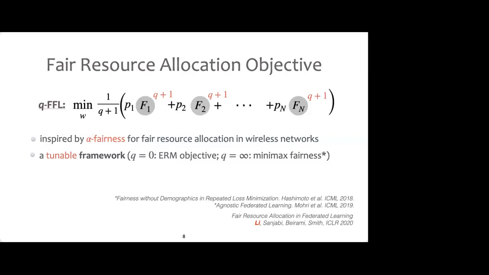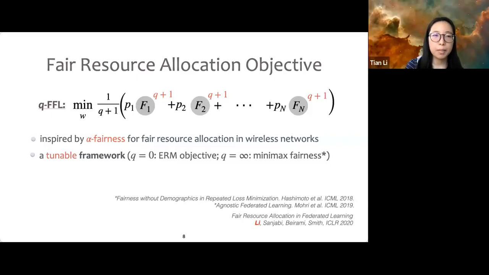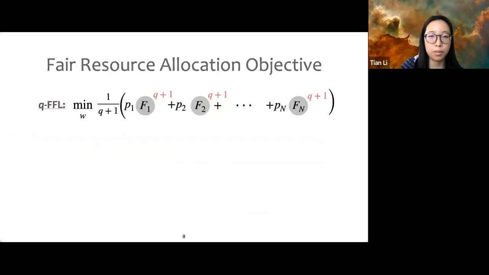And if q is large enough, it will optimize for the worst-case loss, reducing to the existing minimax fairness objective. But what's nice about this objective compared to minimax fairness is that the trade-off q offers, ranging from 0 to positive infinity, can be more desirable in terms of both the computation efficiency and the properties of the solutions.